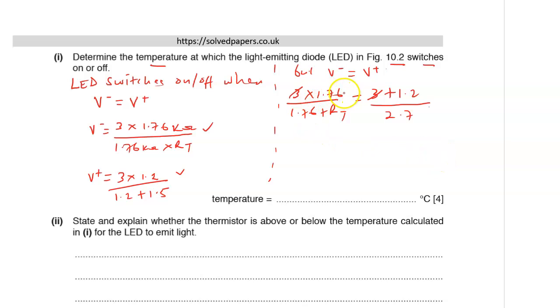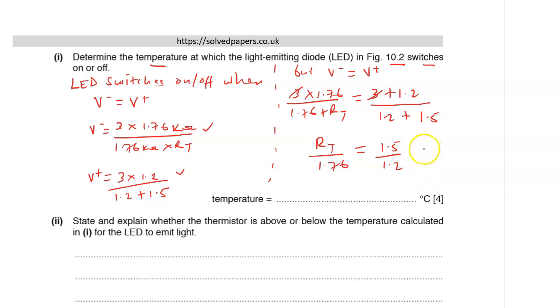Then what else will cancel? Okay, nothing else will cancel. So we can revert this one to 1.2 plus 1.5. So then you rearrange this equation and you'll find RT over 1.76 is equal to 1.5 over 1.2.